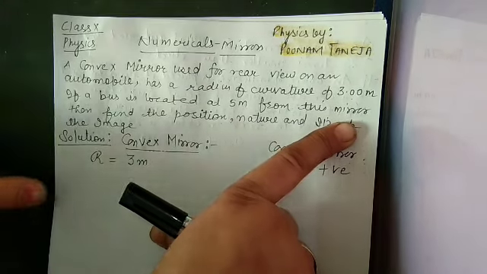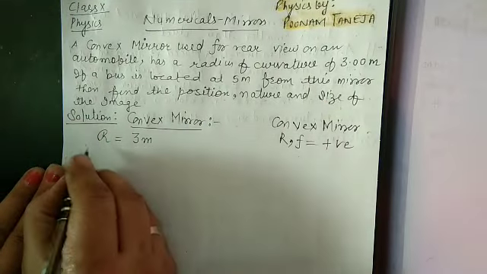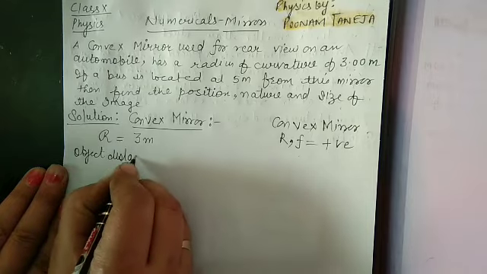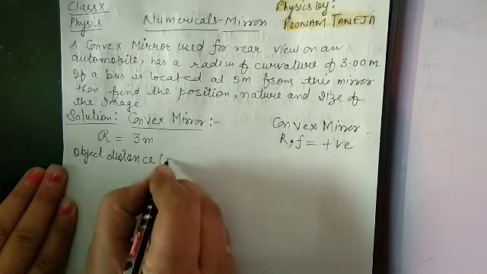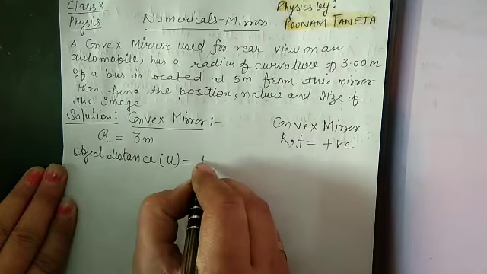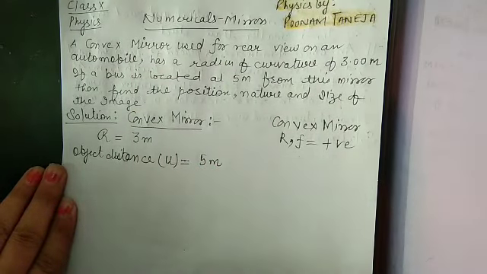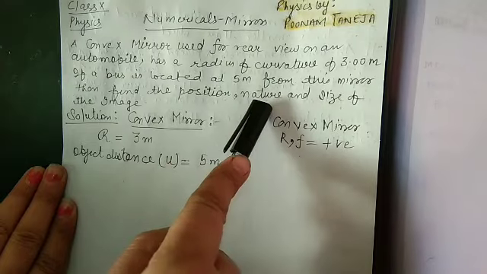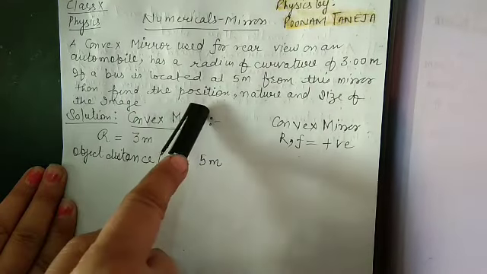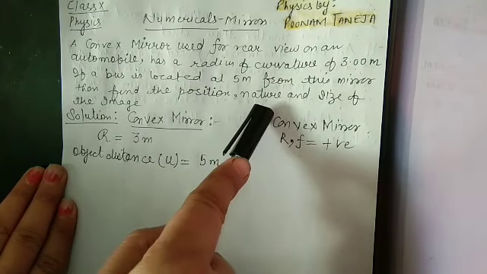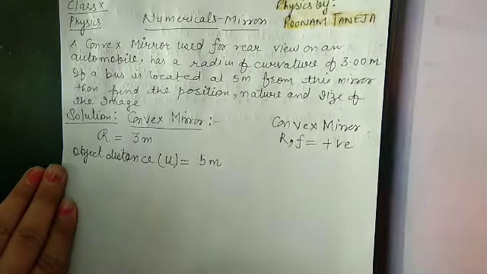So the distance of the bus from the mirror is the object distance, denoted by u, given as 5 meter. You have to find out the position, nature, and size of the image. It means the distance of the image from the mirror, the nature of the image, and the size or height of the image.